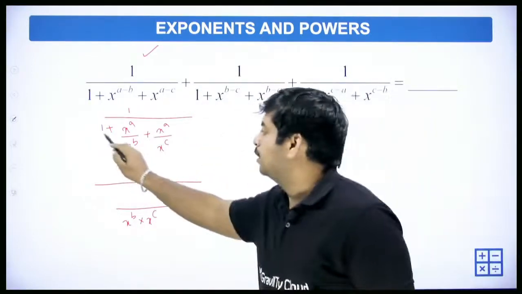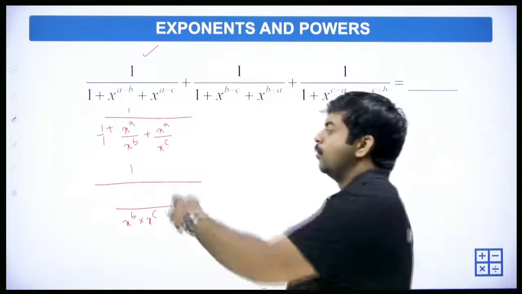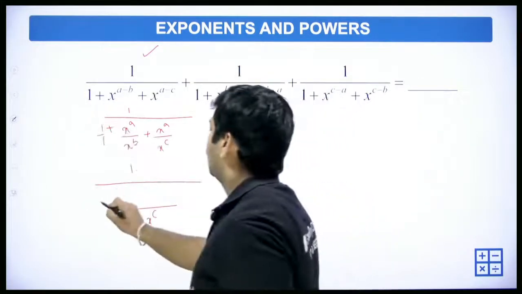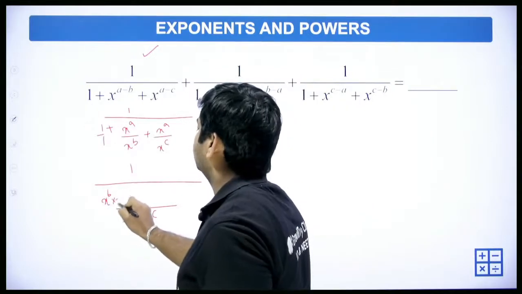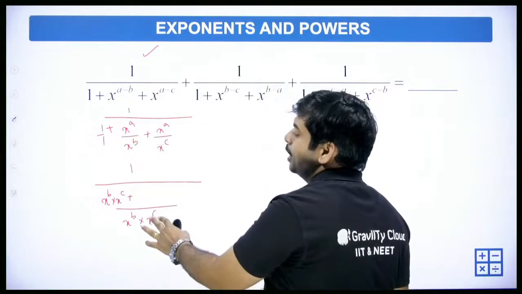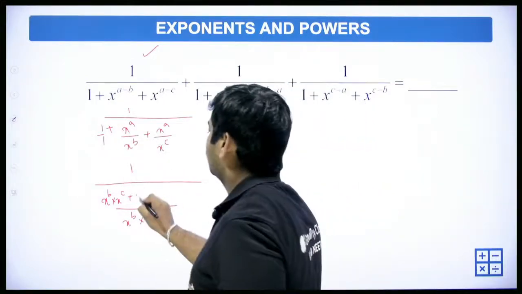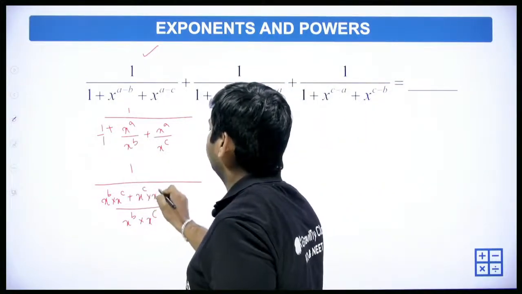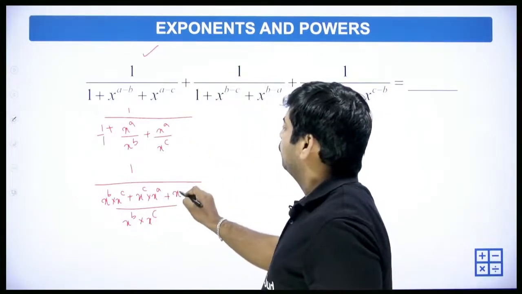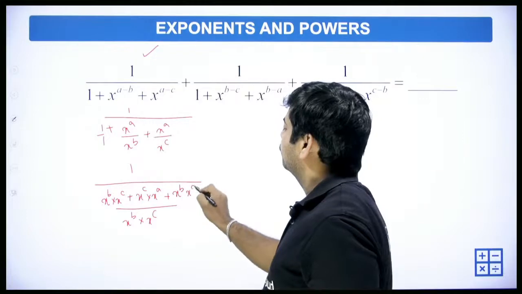So this is again 1. Right? So 1 times x power b into x power c, and the same thing will come here, x power b into x power c plus x power b is already here, so x power c is left, x power c into x power a plus x power c is here, x power b, x power b into x power a.